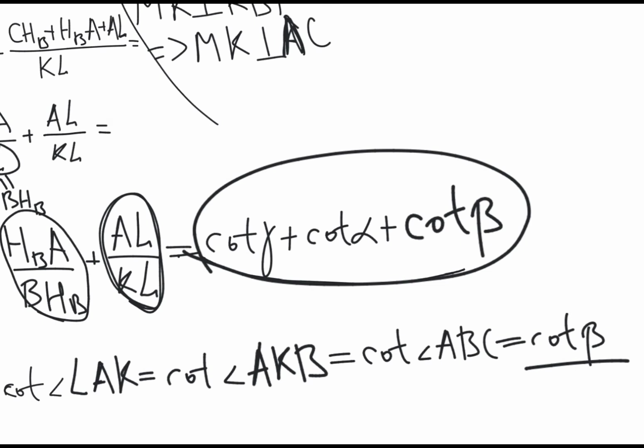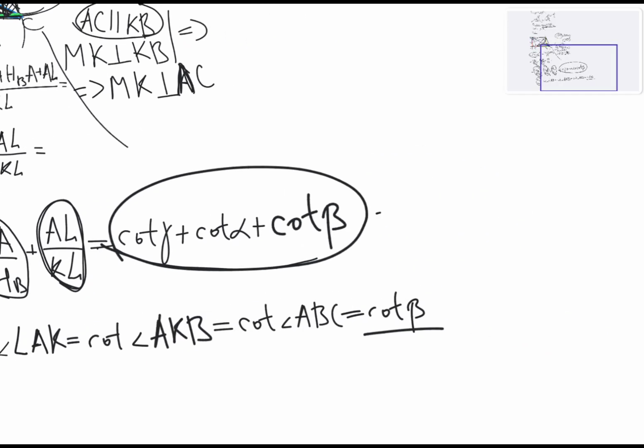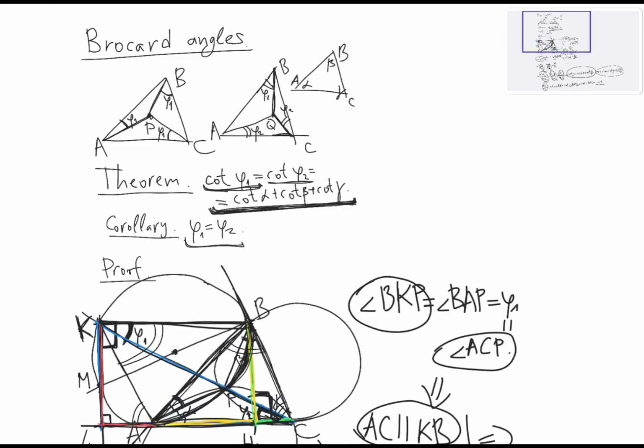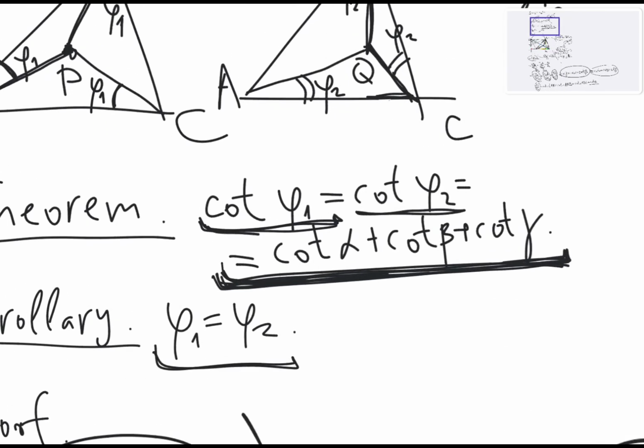We can even rewrite it as cotangent alpha plus cotangent beta plus cotangent gamma to have the same order, but it doesn't matter. So this is the same as the expression that we needed to prove here.